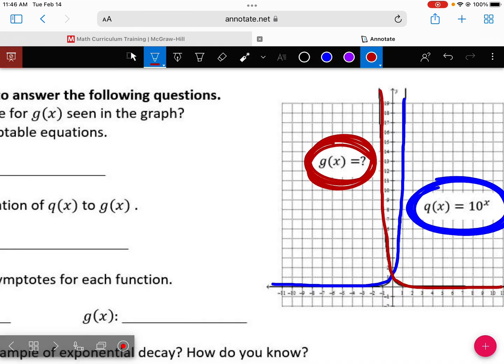When you look at these 2 graphs, how would you describe the transformation? What happened to Q of x to get G of x? It did not move to the right. It reflected. Reflected over what?